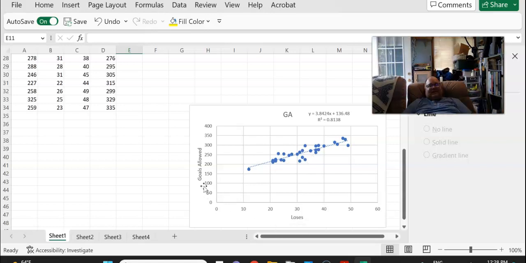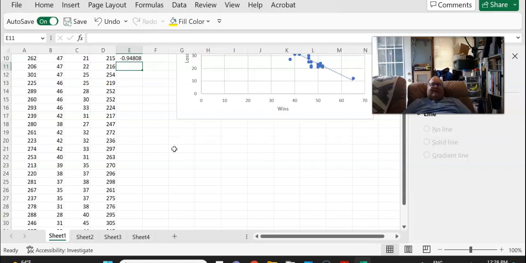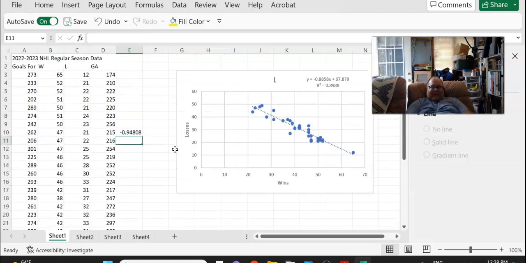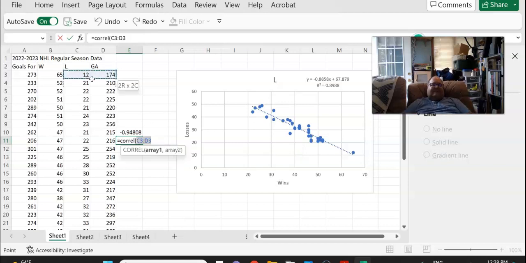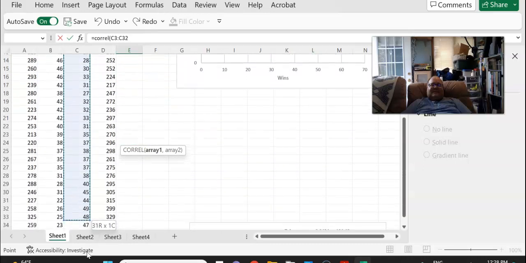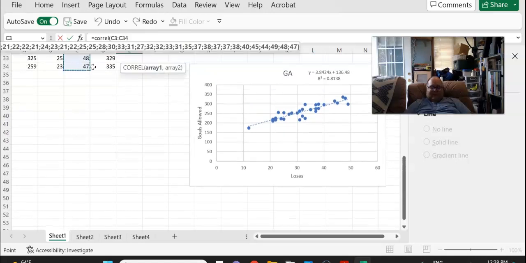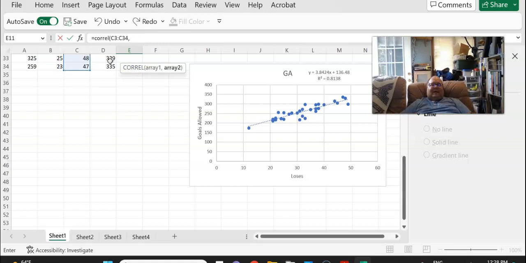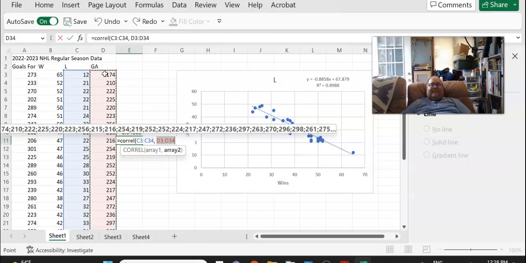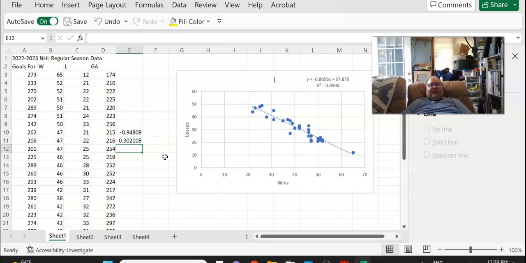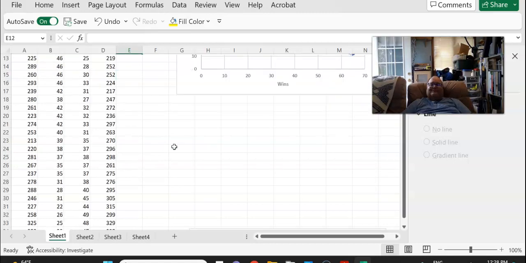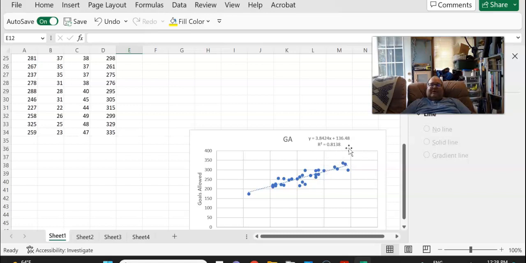Here we have our losses and goals allowed, and we can find the correlation there: equals CORREL of C3 through C34 and D3 through D34, and we have positive 0.902, which is roughly the square root of 0.8138.